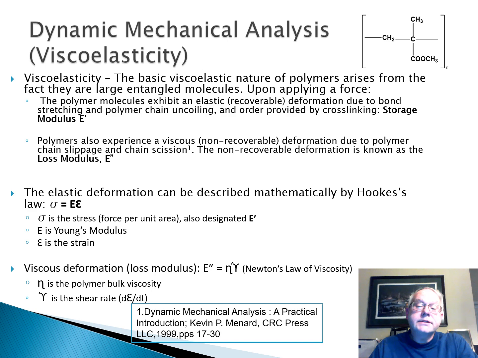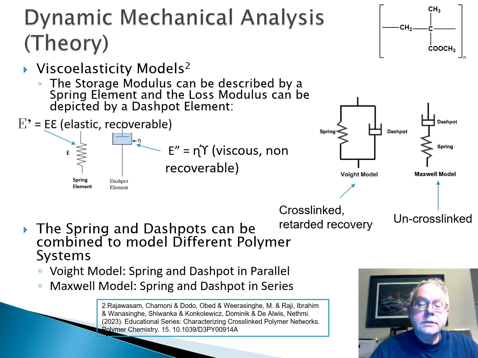The elastic deformation can be described mathematically by Hooke's law, and the viscous deformation, or loss modulus, can be described by Newton's law of viscosity. The storage and the loss modulus can be depicted by two models: a spring element for the storage modulus and a dash pot for the viscous non-recoverable modulus, E double prime.